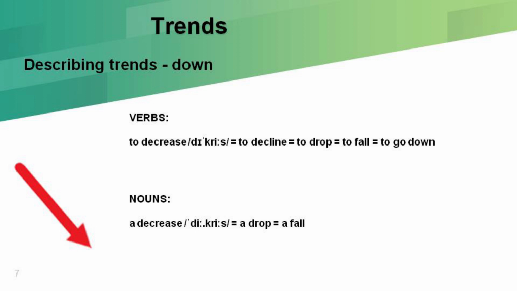Or the following nouns: a decrease, a drop, a fall. Again, please look at the difference in pronunciation between the verb to decrease and the noun a decrease. The stress falls on different syllables.